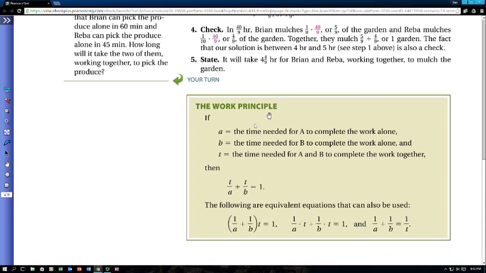So let's look at this work principle. And they kind of summarize what we went through in deriving this, pretty much like a formula.